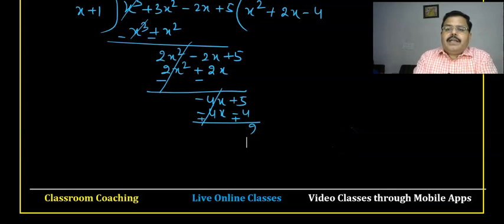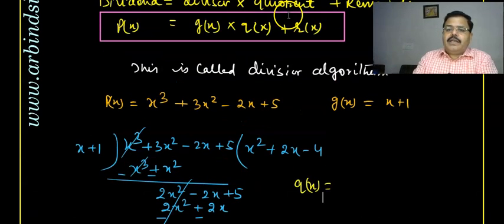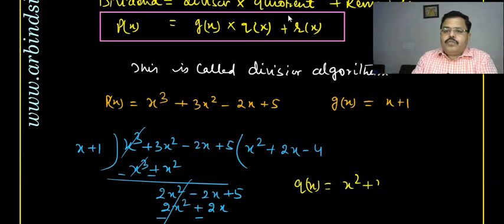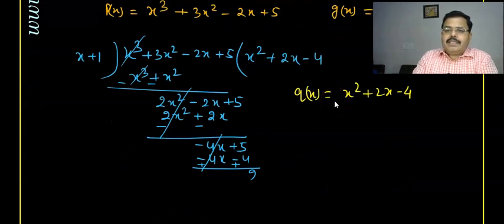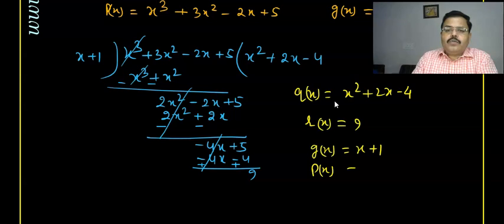So clearly here the quotient function Q(x) is x square plus 2x minus 4, and R(x) is nothing else but 9. G(x) is x plus 1, and P(x) is x cube plus 3x square minus 2x plus 5.